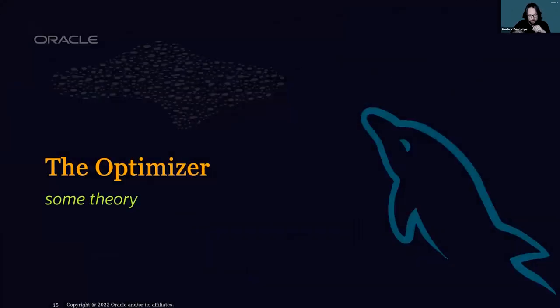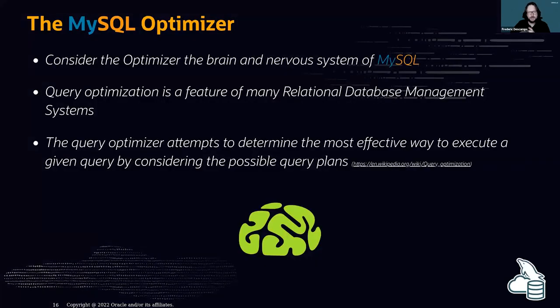So first, one of the components of MySQL that is very important when we talk about queries is the optimizer, right? The MySQL optimizer is considered the brain and the nervous system of MySQL. Every time we run a query, this is the component that decides what to do, right?